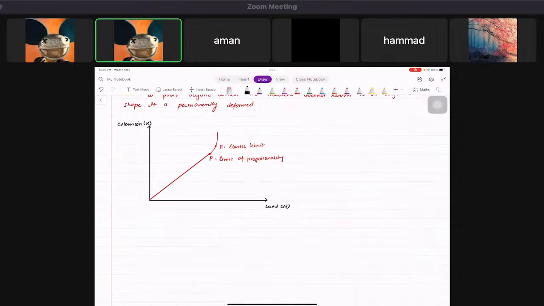So now we can go towards the strain energy.